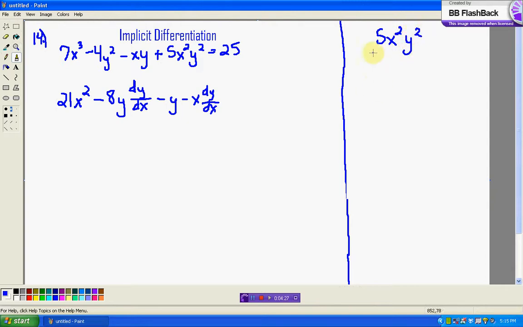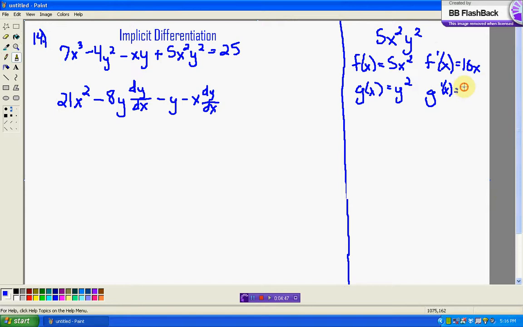Alright, so we identify our pieces: 5x squared, g of x, y squared. We take the derivative of each piece: 10x, 2y dy dx. Sorry, it's getting scrunched in there.